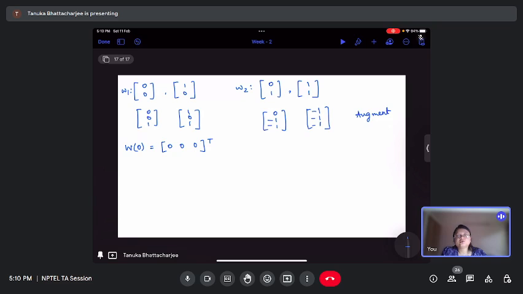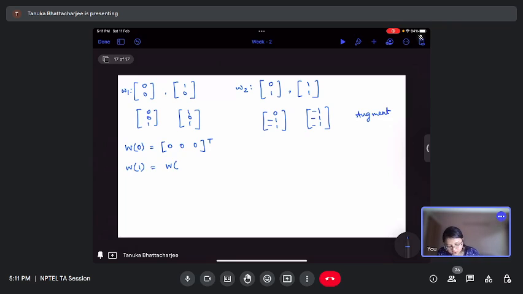So, we will use this W and try to classify all the samples. If the classification is correct, what should be the condition? That your W transpose X should be greater than 0. Since W is 0, W transpose X for all these samples will be 0. So, none of them will be positive. So, all are misclassified.